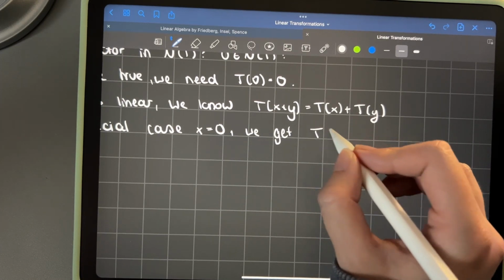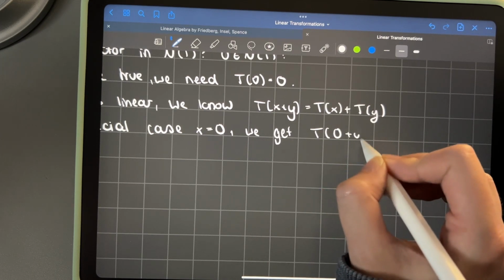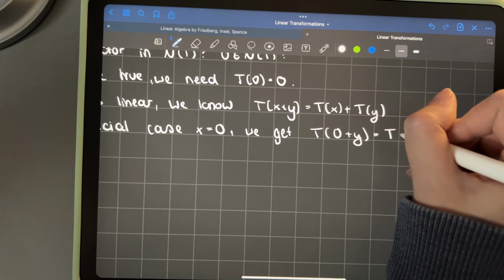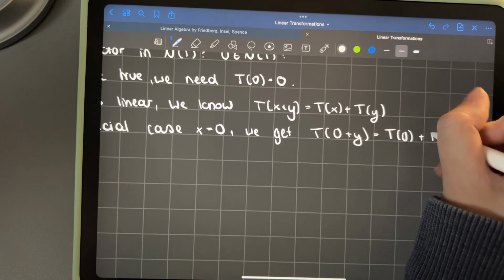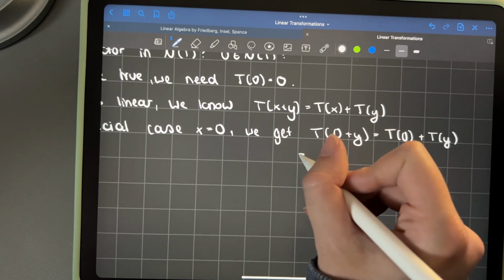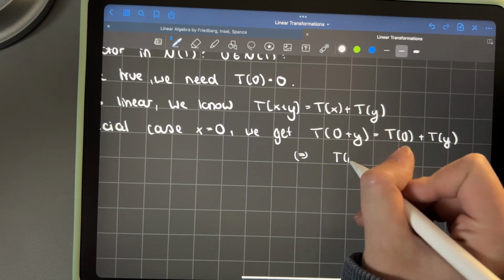We get T of 0 plus y equals T of 0 plus T of y. And 0 plus y is obviously just y, so T of y.